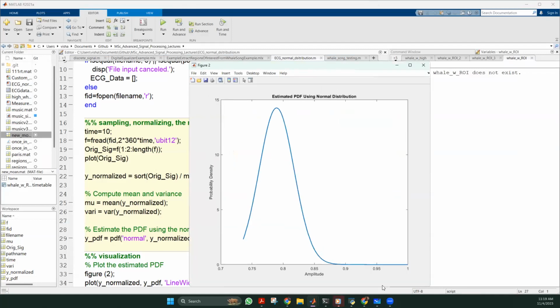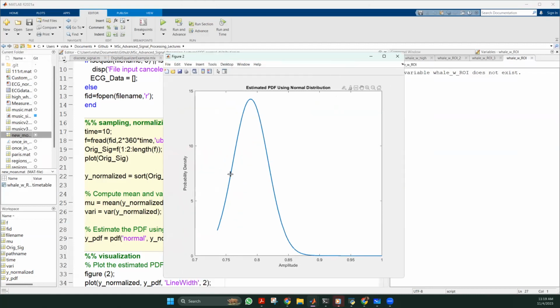It has an average value of around 0.7, between 0.75 and 0.8. Its variance is not that wide, but somewhat average. And the probabilities are like this.